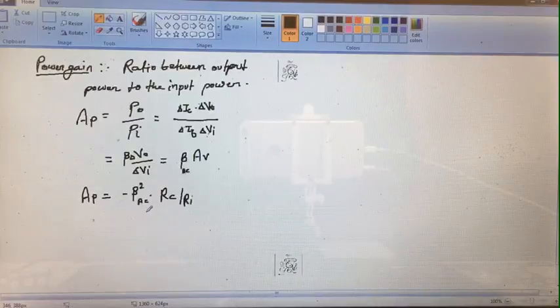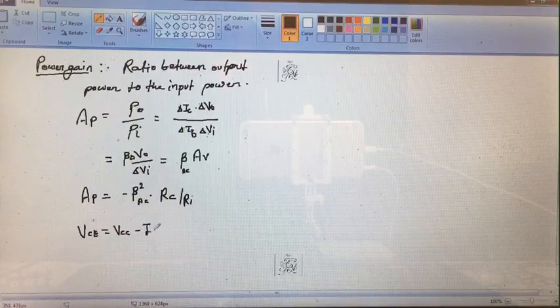Now, the energy for the higher AC power output is supplied by the DC battery, so it appears from the relation VCE equal to VCC minus IC RC. The gain of the amplifier can be increased indefinitely by increasing load resistance RC.